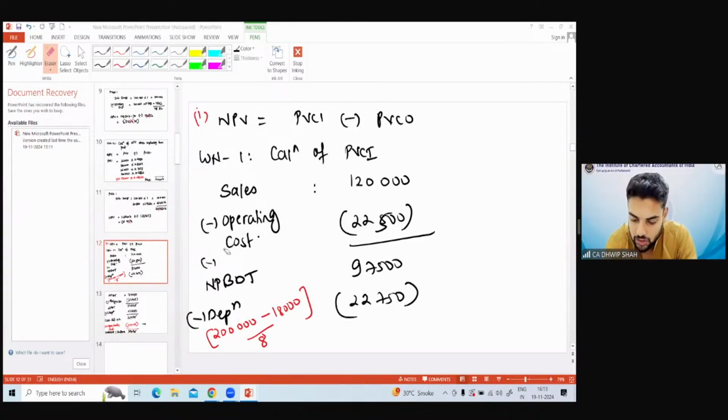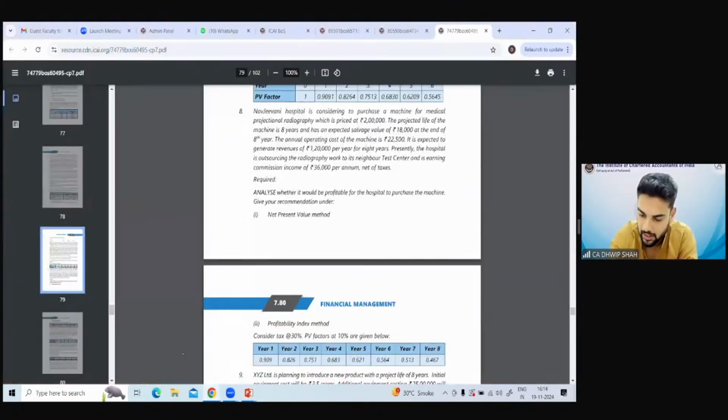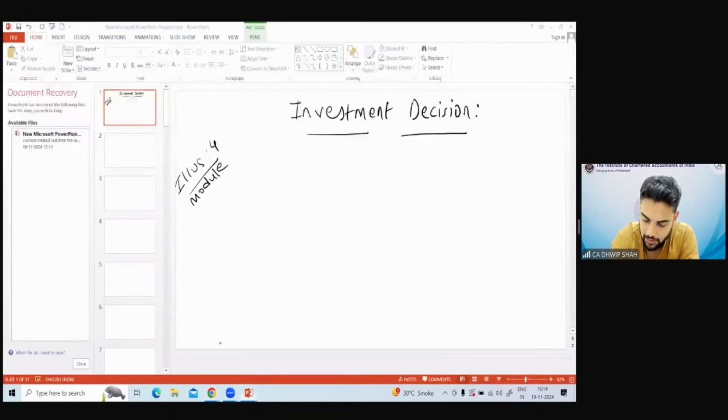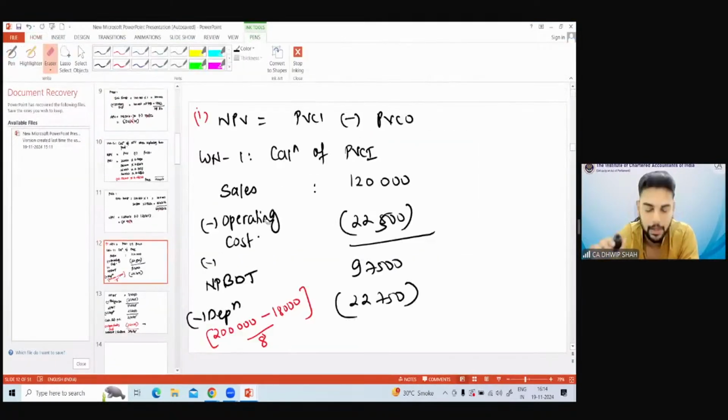Yes, Sukena is correct, because it is after tax only. Read the question carefully. They have said that 36,000 is net of taxes. Had the words net of taxes not been mentioned, we would have subtracted the opportunity cost here itself, with operating cost. Are you following?